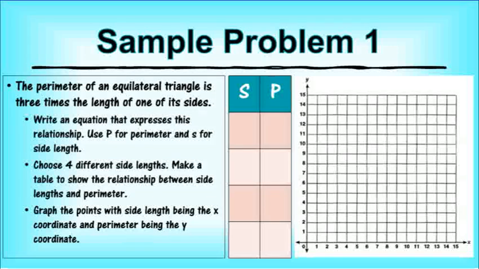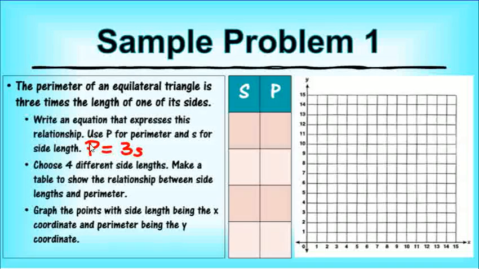So if we were to find the perimeter, P for perimeter equals, and to find the perimeter of anything, we're just adding up all the sides. And since an equilateral triangle has the same side length, we have 3, and then S is for the side length.